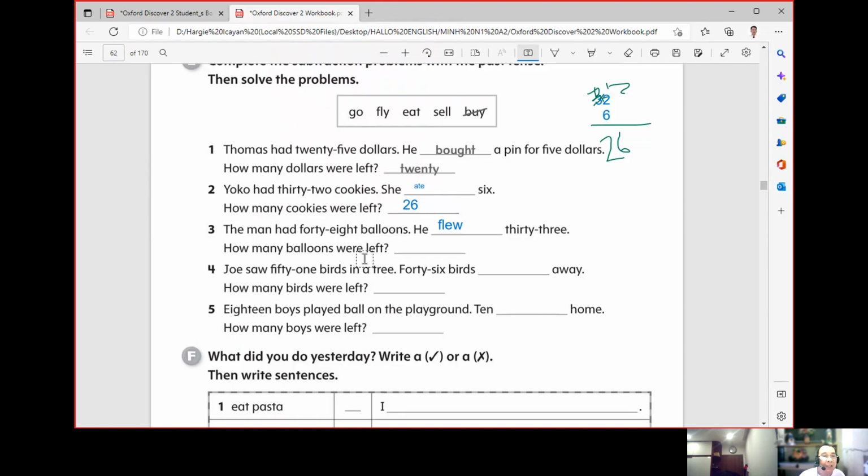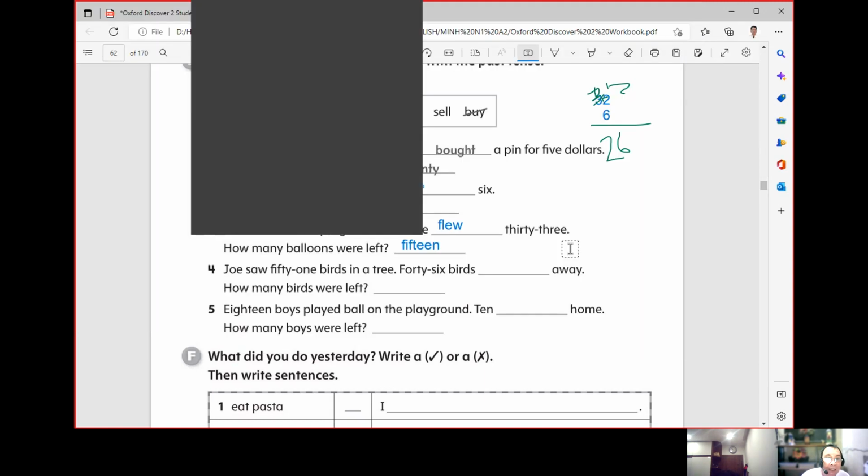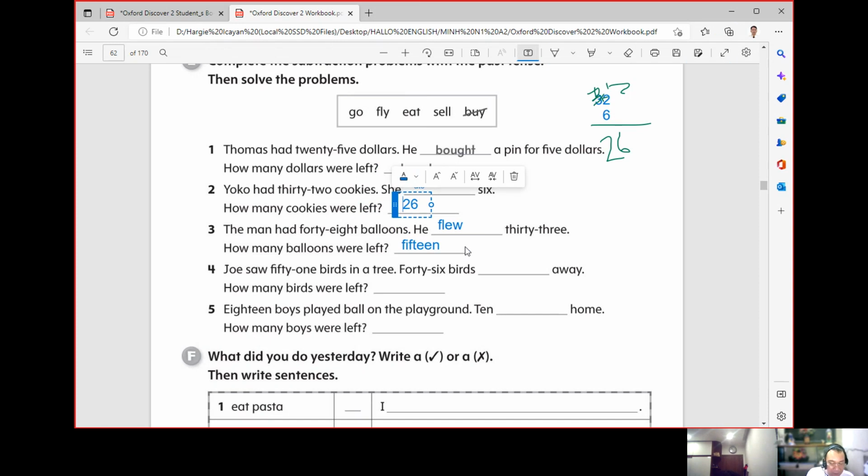How many balloons were left? 48 minus 33 is 15. Okay. I think we have to spell this one in words.